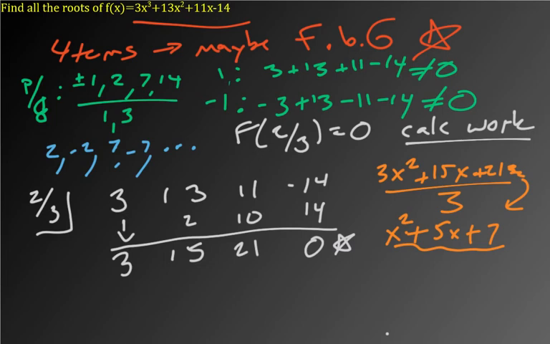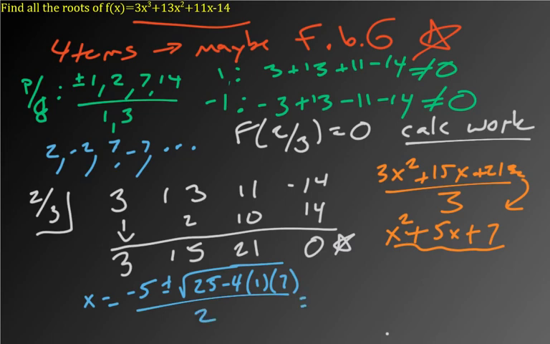So let's see. It does not look like it's going to factor, so I would probably just plug and chug the quadratic formula. So negative 5 plus or minus the square root of 25 minus 4AC, all over 2A. You're going to get plus and minus, and a minus 3 in there.